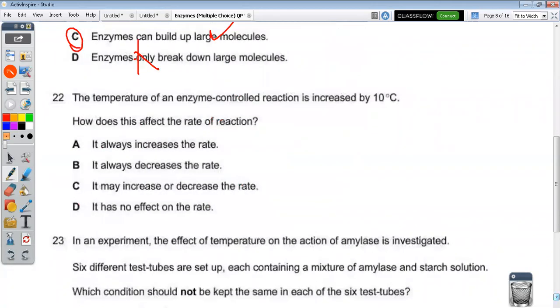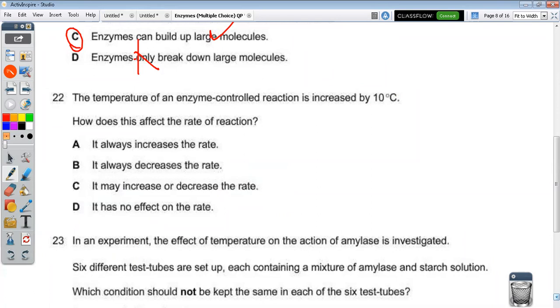Number 22. I think only 2 people got above 95%, if I'm correct. The temperature of an enzyme controlled reaction is increased by 10 degrees. How does this affect the rate? So it depends, because we don't know whether the temperature is close to the optimum or after the optimum.